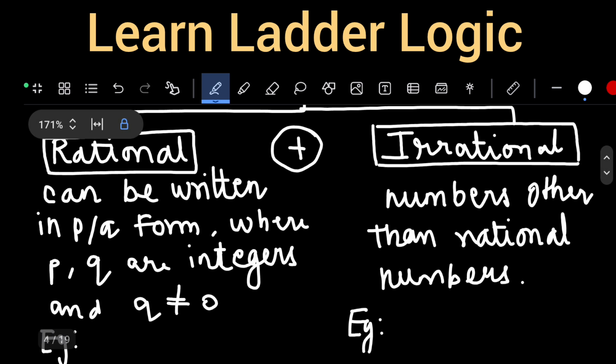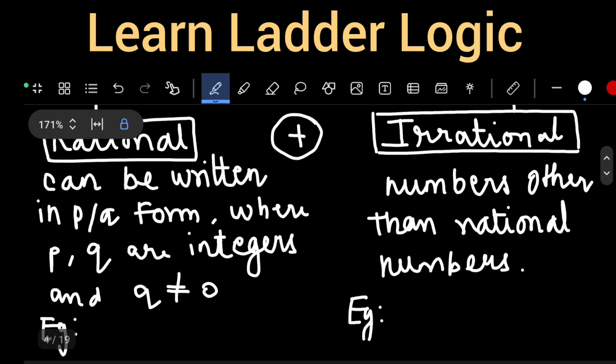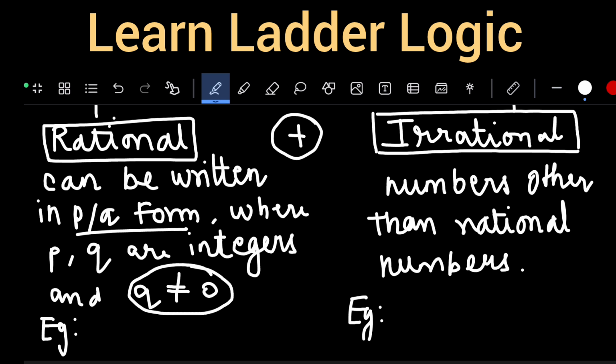Here, I can explain this well that rational numbers are those numbers which are written in p by q form. p by q form is a fraction form where p and q are integers. So here integers are those numbers which are negative and positive, right? And this q, the denominator, should not be equal to 0. Okay?